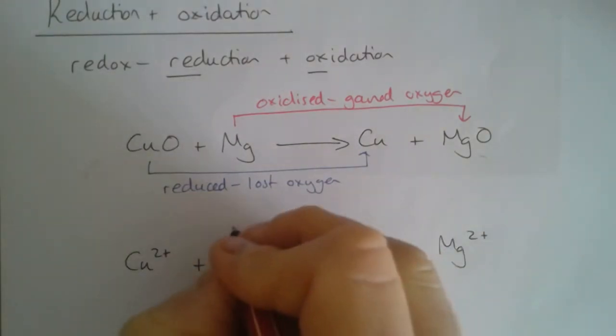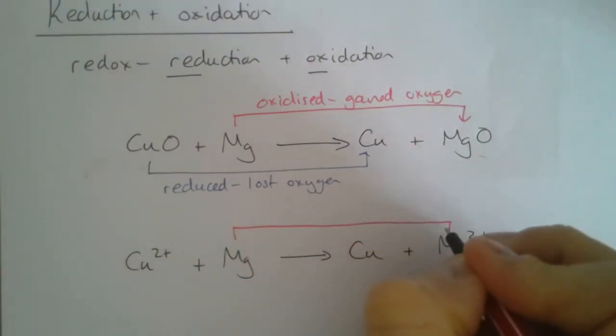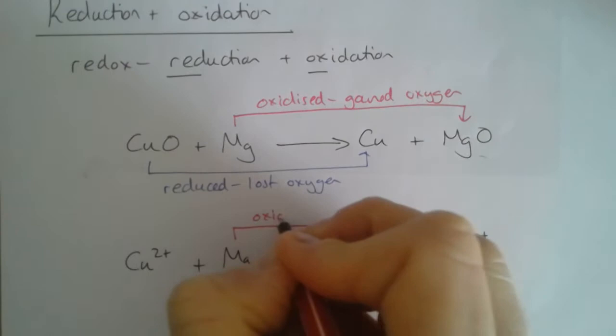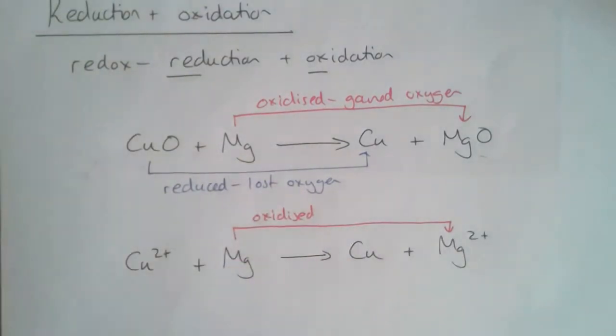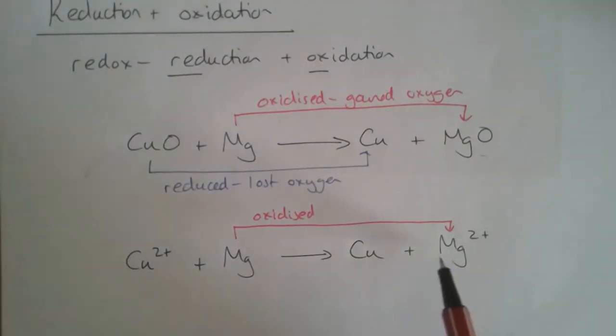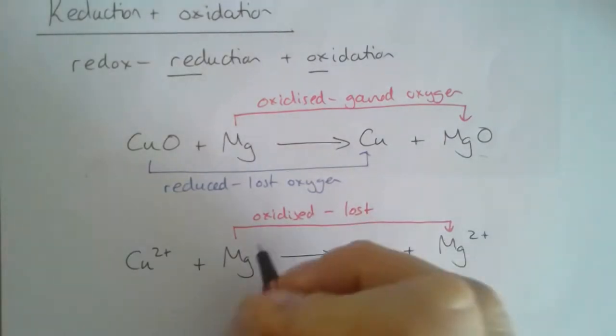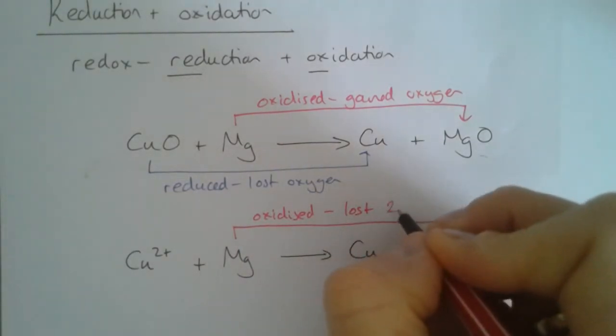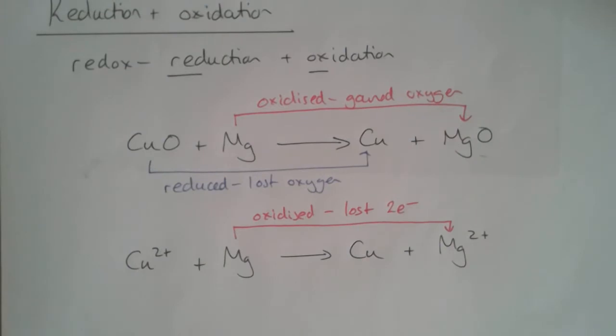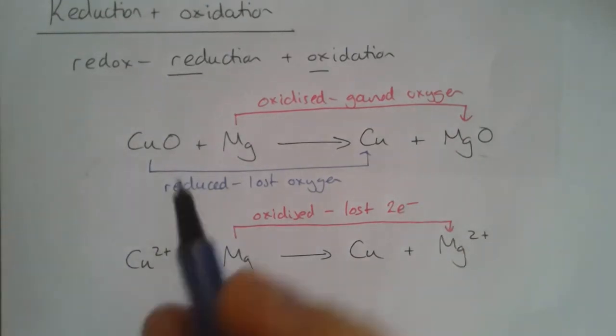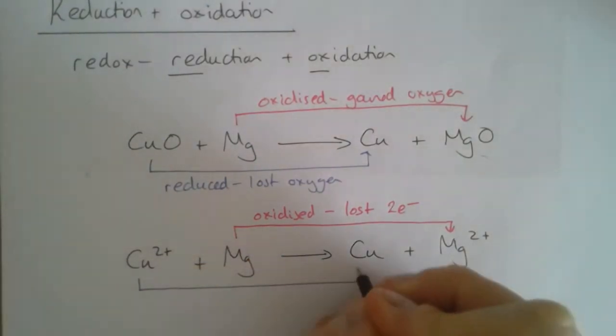So now we can describe what has happened in terms of electrons because we've got these charges. Now, for magnesium to become Mg2+, it's got to lose electrons. It's got to lose negatively charged electrons. So magnesium to Mg2+ has lost 2 electrons, and I'm going to use e- there to represent electrons.